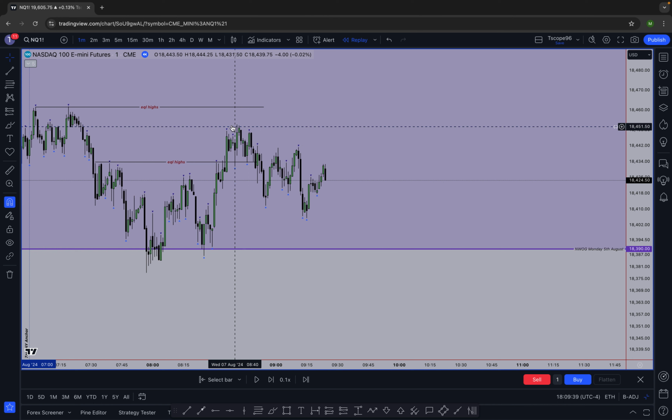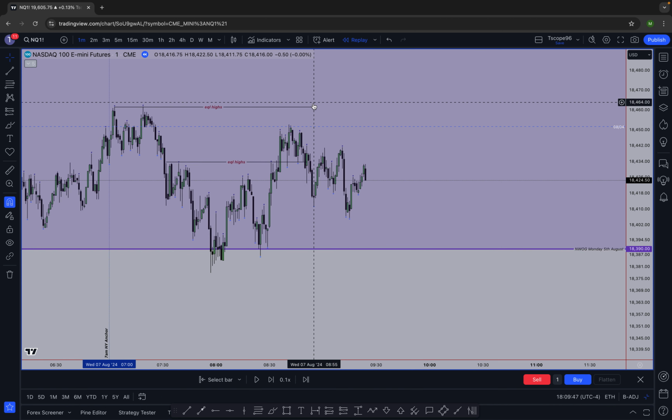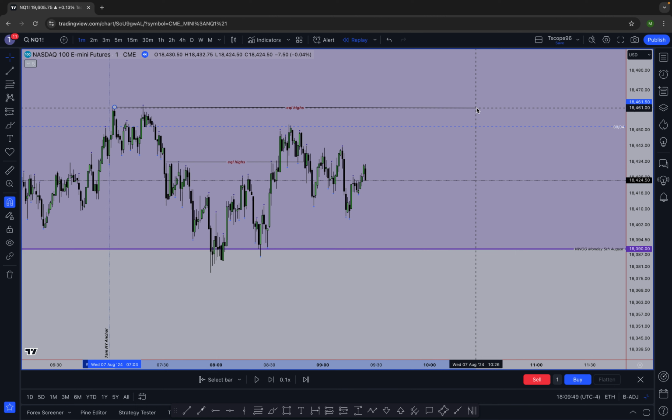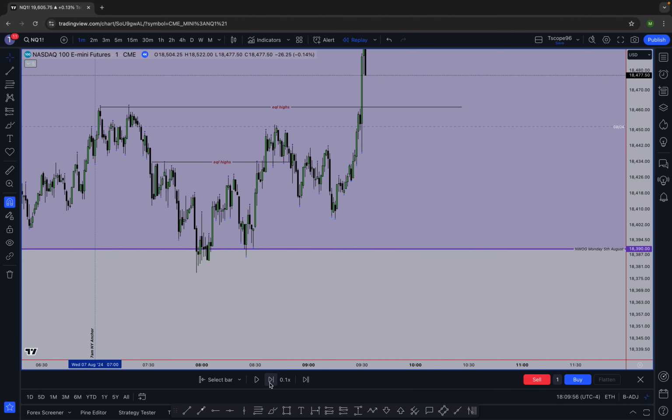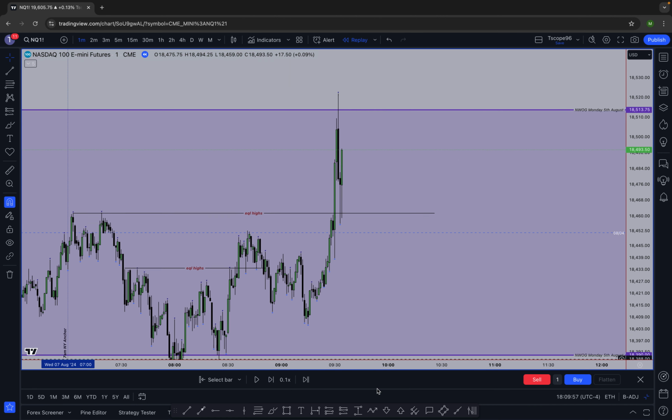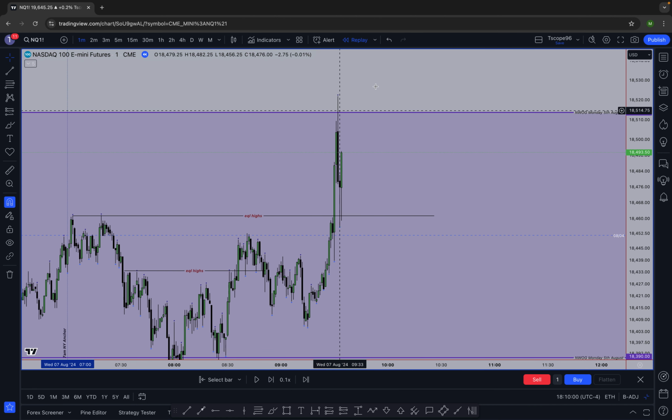If it wasn't for this, and this move isn't started off with a swing high, usually when that's the case, these tend to get raided. So let's see if we raid this. We do. Literally wick off the high of the new day opening gap.